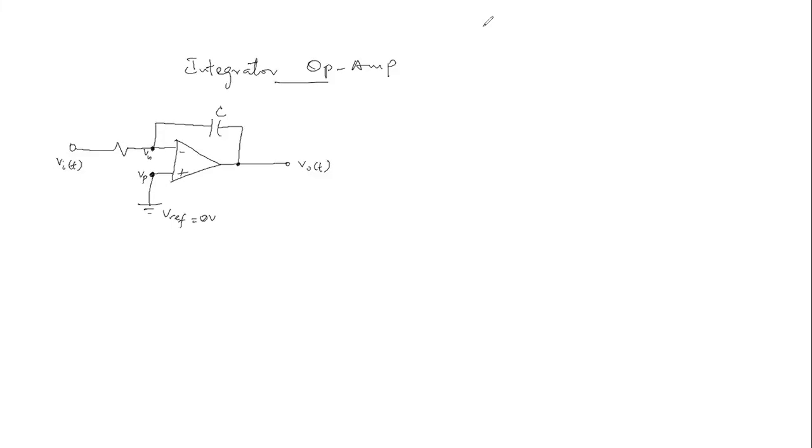Okay, now in this circuit, the output of the circuit will be seen shortly to be the integration of the input voltage. So to begin, let us quickly recall the basic assumptions.